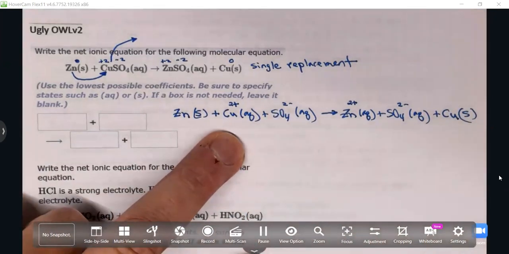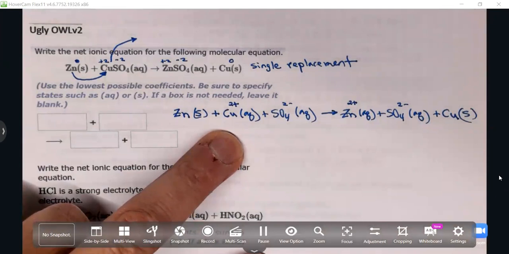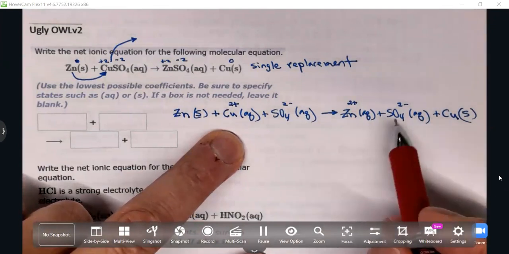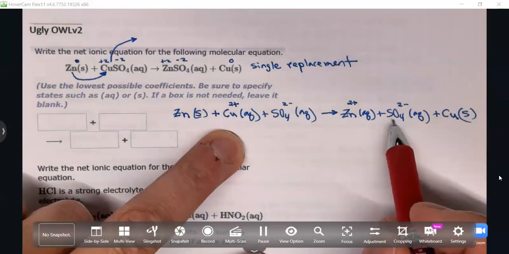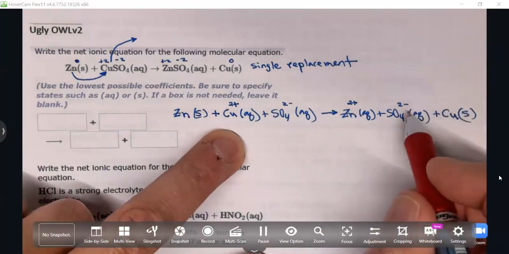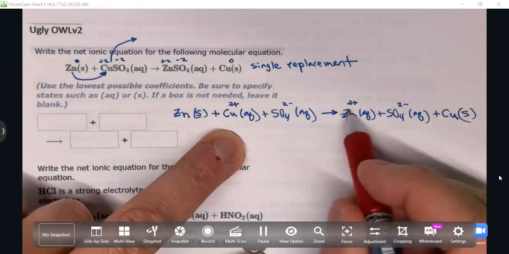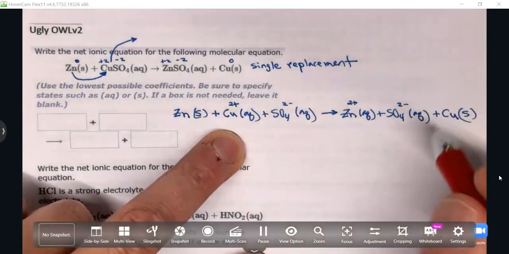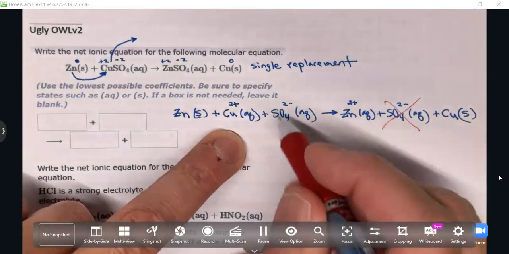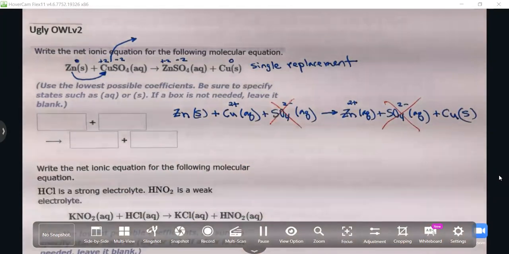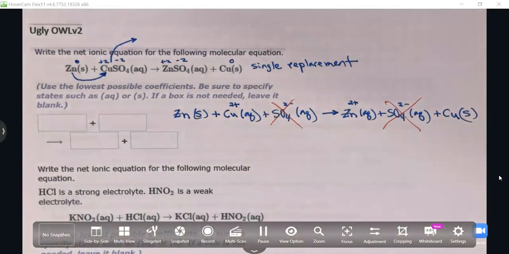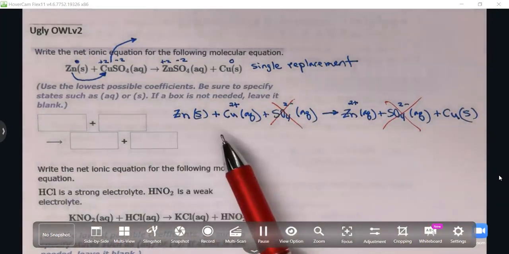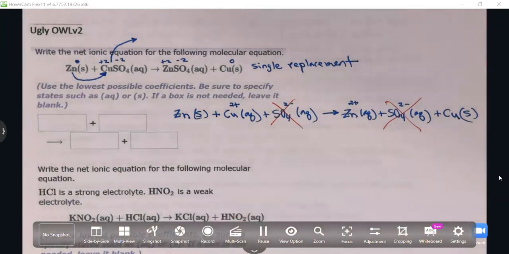Now, what is exactly the same on both sides? When you get done here, we should have the charges add up to the same on both sides, but we have a sulfate that's the same on both sides. Is that it? That's it. We can eliminate that. What's left is going to be our net ionic.